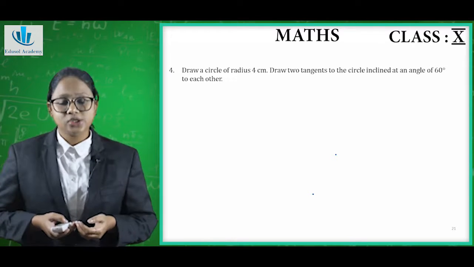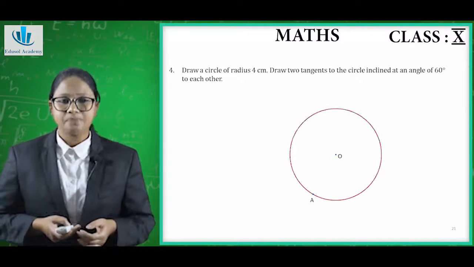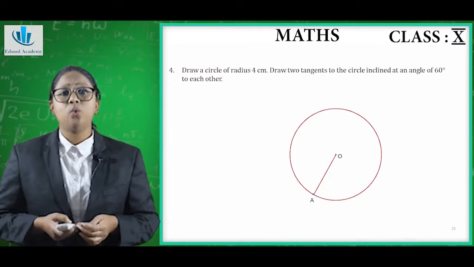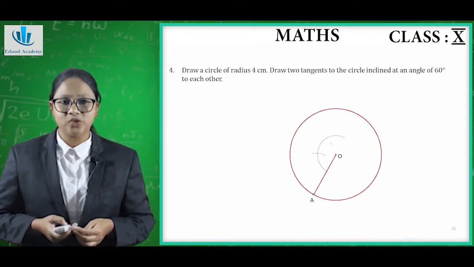So let's construct radius OA. Then at O we may construct angle 120 degrees.